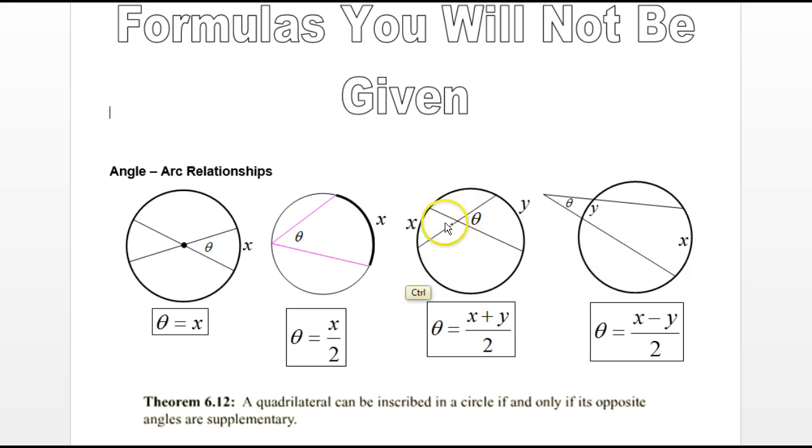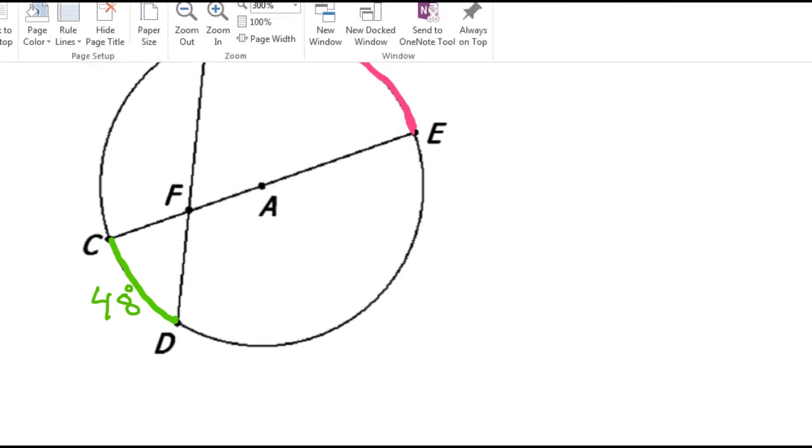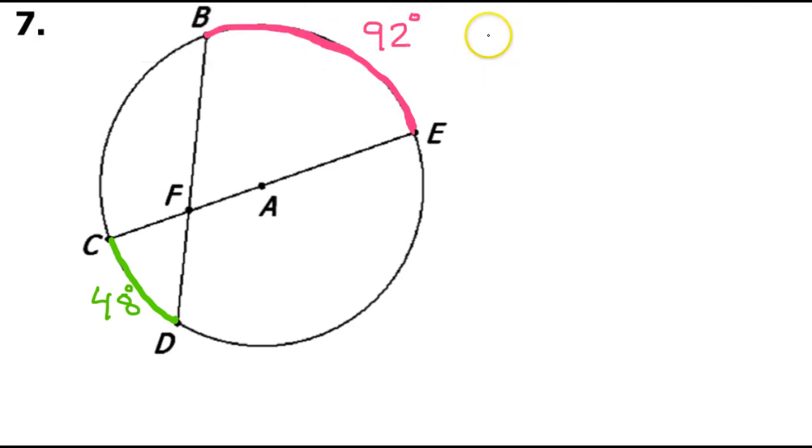And specifically, it's going to be this one because of the way we're inside the circle. So that means that the angle is equal to arc plus arc divided by 2. So, in fact, I think I will just go ahead and write that down. Angle is equal to arc plus arc divided by 2.